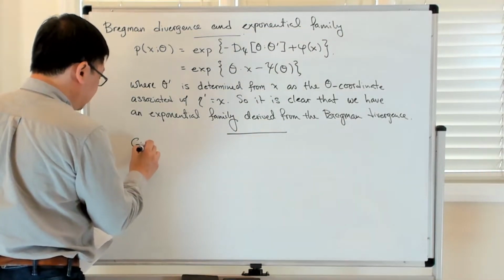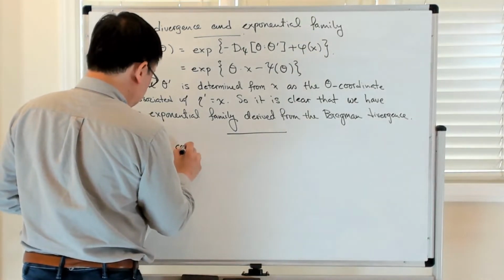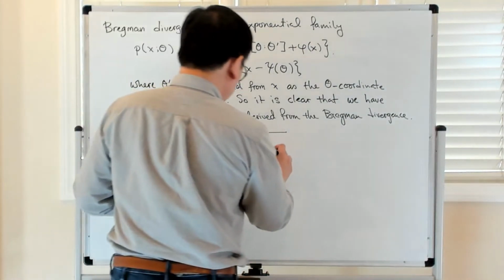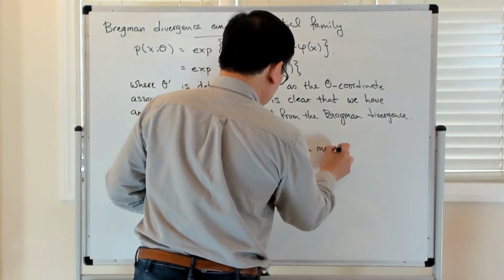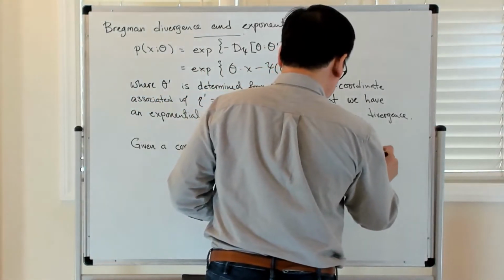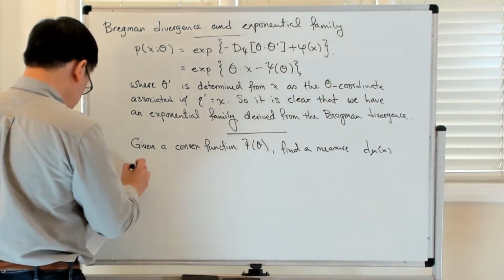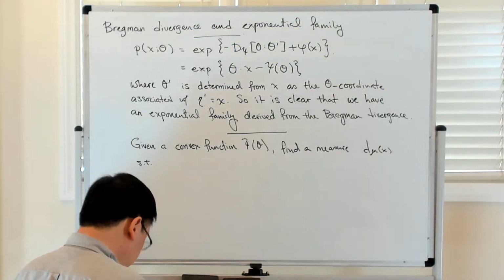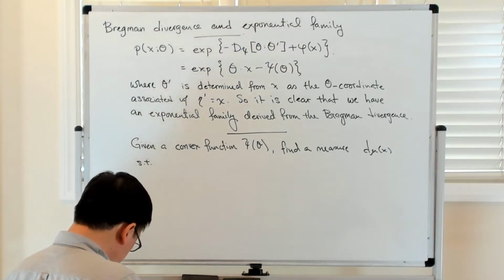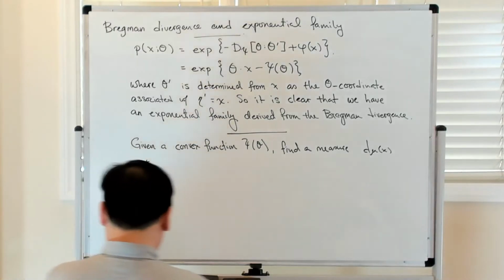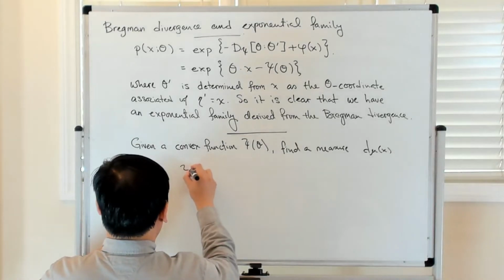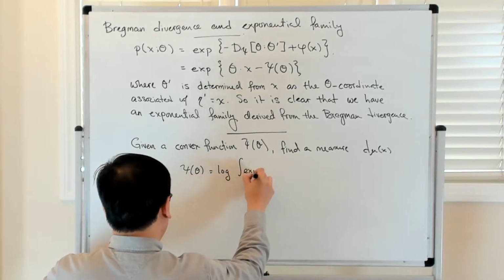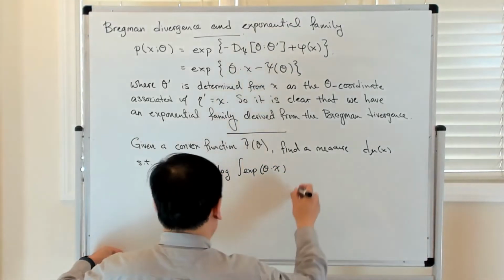Given a convex function phi theta, I want to find a measure d mu of x such that this convex functional is the log of the integral of the exponential of theta dot x d mu.